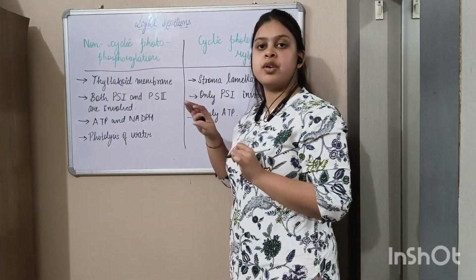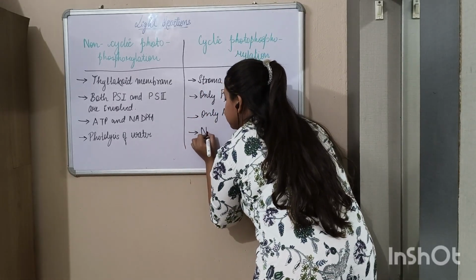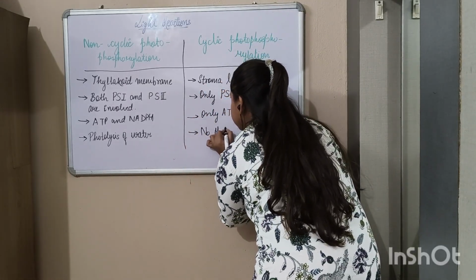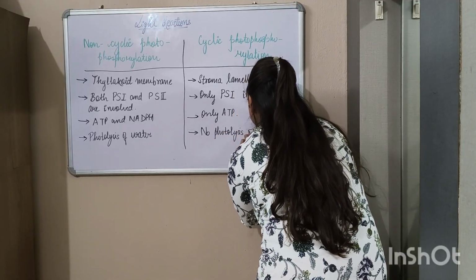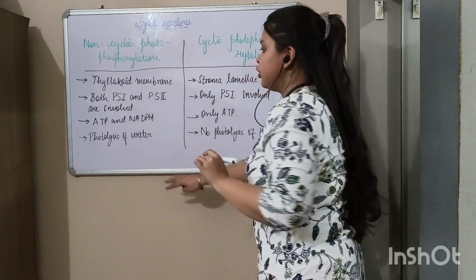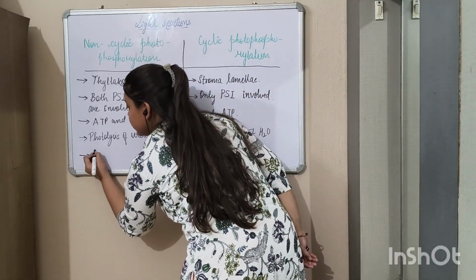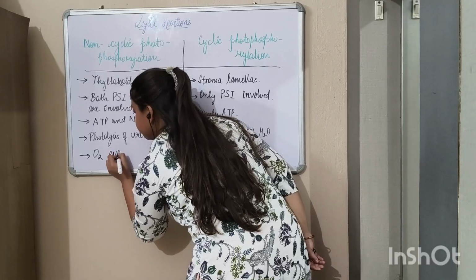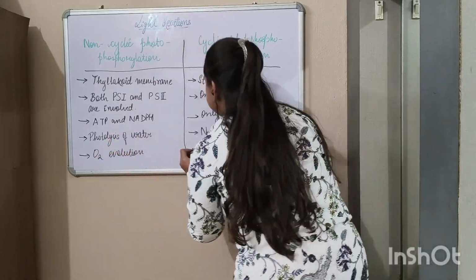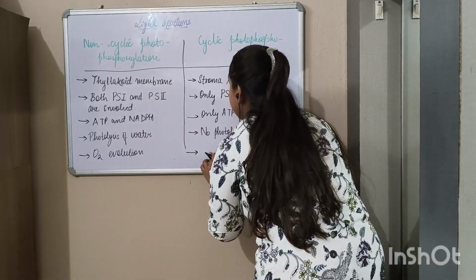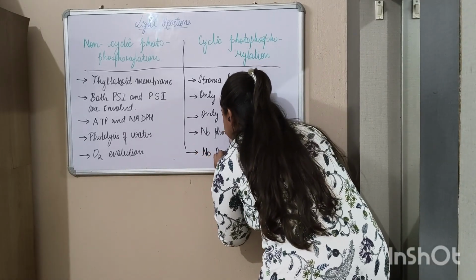In cyclic photophosphorylation, we saw no such process. So there is no photolysis of water. During the photolysis of water, we saw that oxygen was evolving. So there is oxygen evolution. And in cyclic photophosphorylation, there is no oxygen evolution.